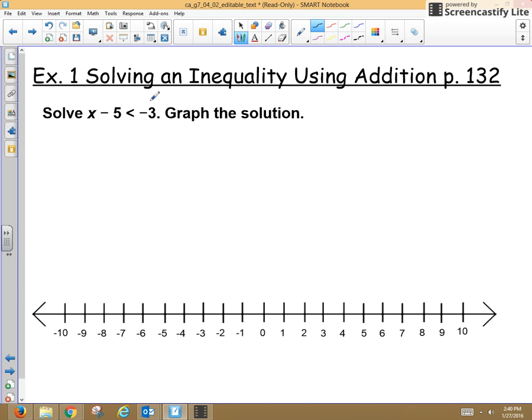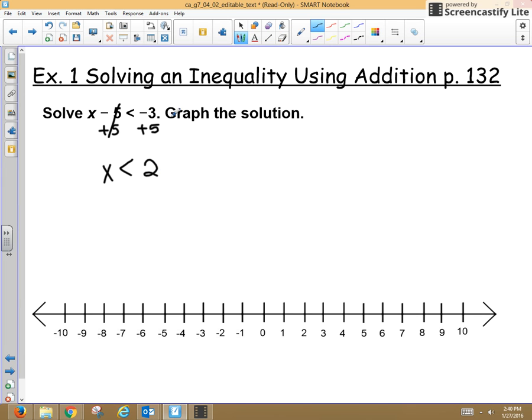So to solve, the first thing we need to do is isolate the variable by using inverse operations. The inverse of plus 5 would be to subtract 5 from both sides. And because of the addition property of inequality, adding the same number to both sides still keeps the inequality true. So here, those cancel out to 0, and I have x is less than -3 plus 5 makes +2.